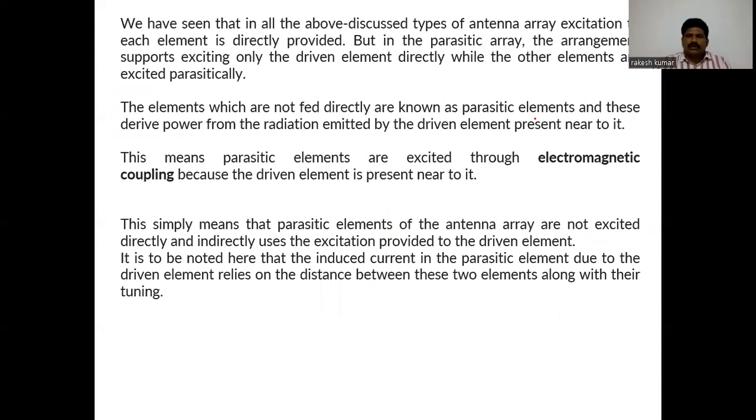Okay, so in the previous cases, excitation to each element is directly provided, but in parasitic array, the arrangement supports exciting only the driven element directly, the main element, and the other elements are excited parasitically. The elements which are not fed directly are known as parasitic elements.